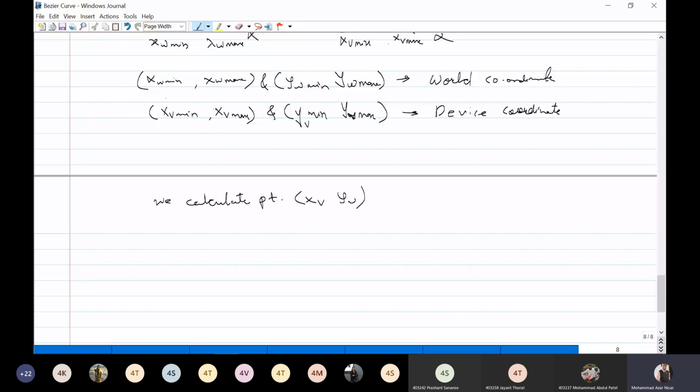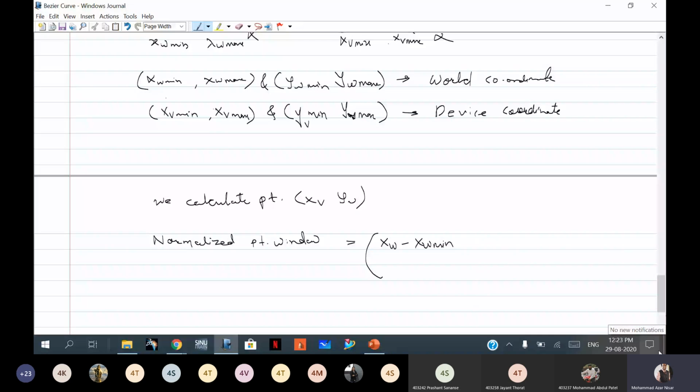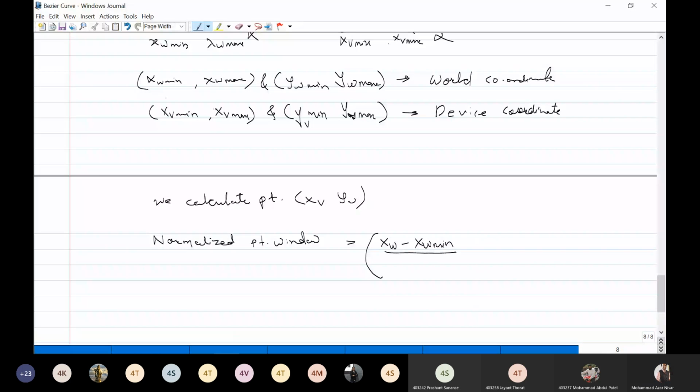For that, the normalized point window equation will be: xw minus xw minimum, divided by xw maximum minus xw minimum.